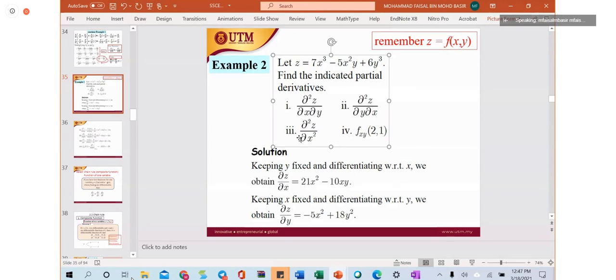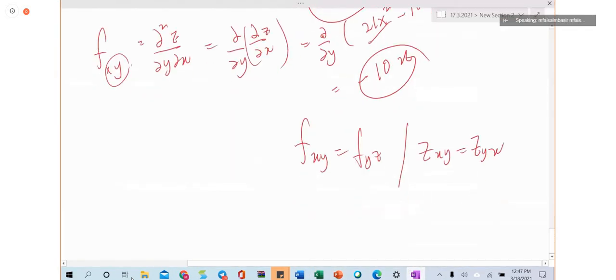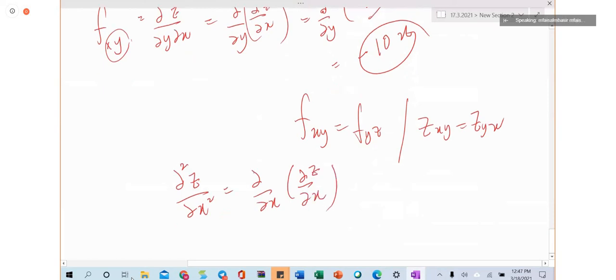Then number 3, del squared z over del x squared, which means you differentiate the function z two times. Del squared z over del x squared is the same as del over del x of del z over del x.